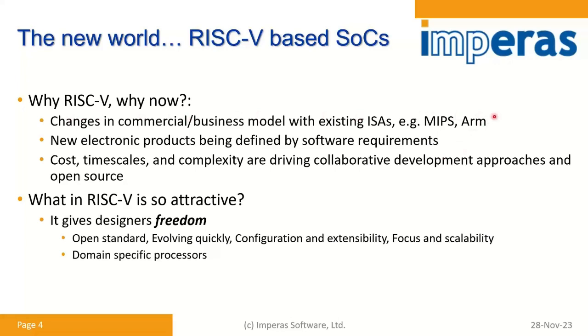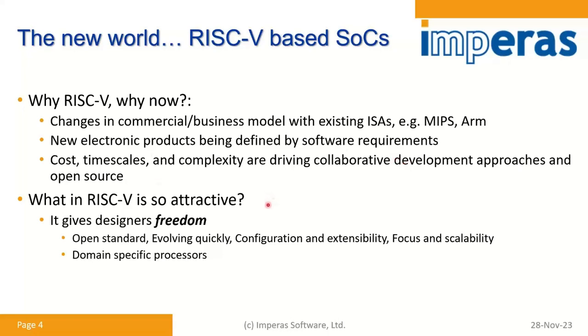Companies like MIPS have gone away. ARM's changing its business model, but wildly successful. And people are trying to find better ways to get things done. There are a lot of initiatives to do with collaboration, to bring down the cost and timescales, especially in the RISC-V world, around open source. So there's a time and place, and for RISC-V it is now.